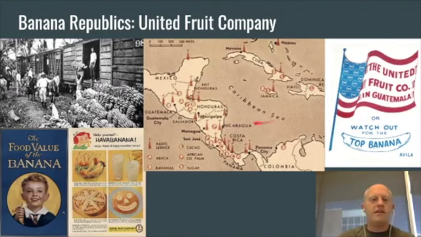As you can see here, most of the people in Guatemala, especially the Mayan population, were essentially forced to work on banana estates that were owned by United Fruit or its subsidiaries. There were laws in place that, although they weren't called slavery laws, they meant that Mayan people had to sign labor contracts.